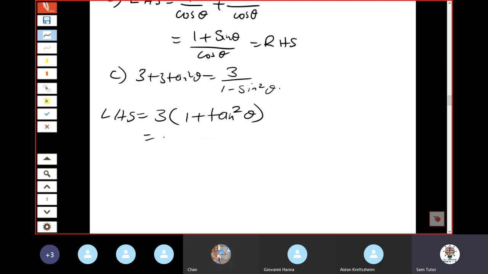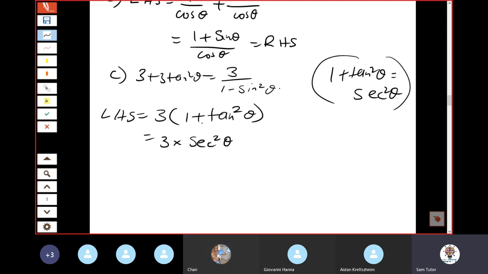Correct. And then we know 1 plus tan squared is equal to sec squared, so 3 times sec squared theta. Correct.